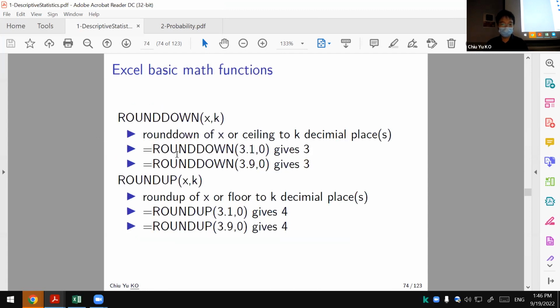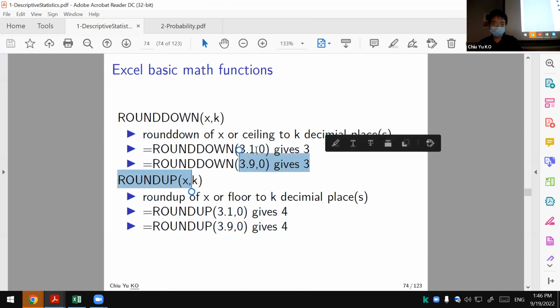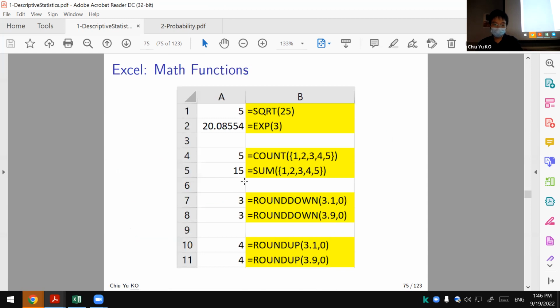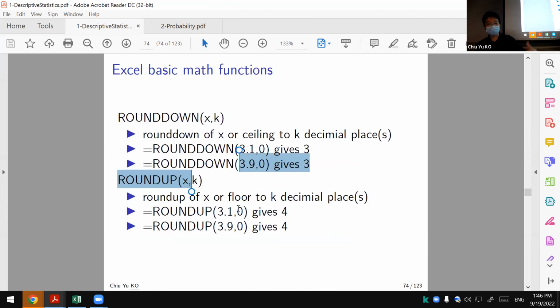I'll skip a little bit about the rounding functions. Rounddown just gives you the integer, and roundup goes to the largest integer that is there.